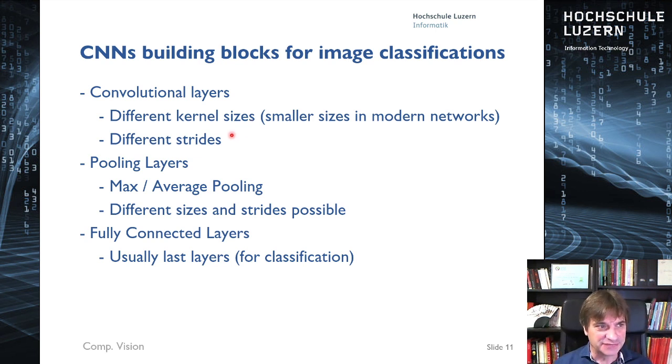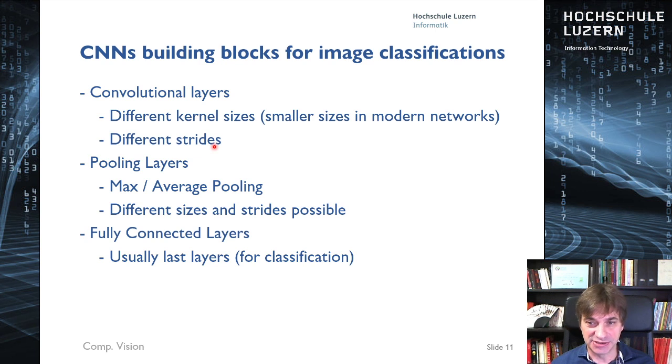You also have different strides. Now, what was a stride? Stride means that you don't move the filter to the next pixel, but you skip some pixels. For example, with a stride of 2, you skip one pixel and then process the next one. So with a stride, you will have fewer results because you skipped some pixels.